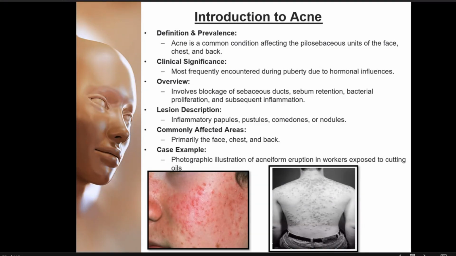So here you can see the normally affected areas are the face, chest, and back. The photographic illustration of the technique for the representation in the worker exposed to the cutting oil. You can see this case of acne.